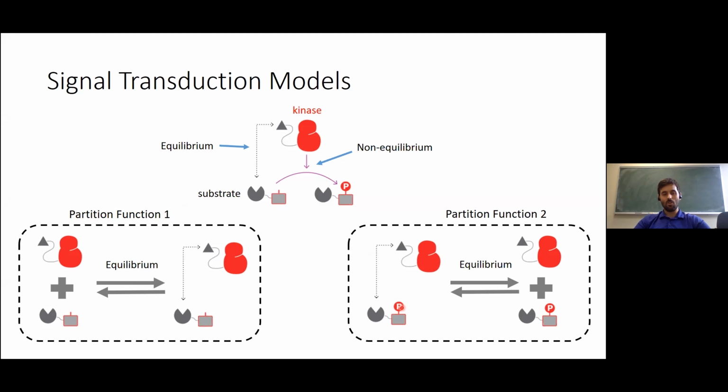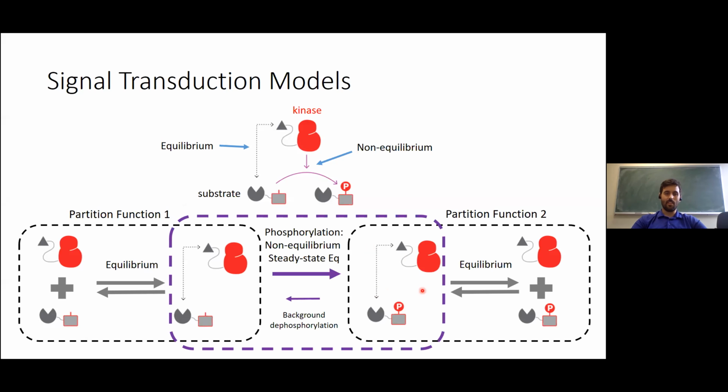And then I can link these systems together using the non-equilibrium interactions by assuming they're at steady state and writing down a steady state equation. This allows you to combine the two models for these equilibrium systems into one big model, and what you get is something that looks like a partition function. We have the weighted probabilities for the two different pieces, but it's actually not quite one.